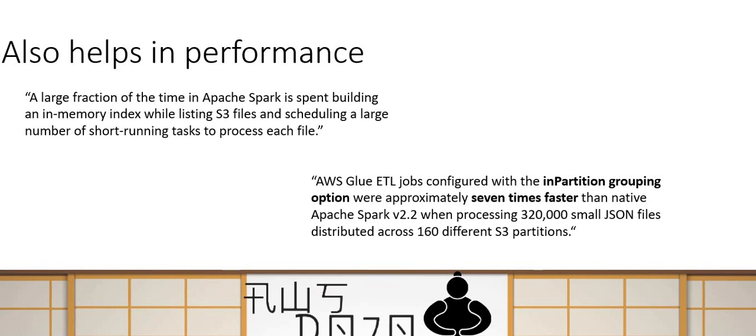And what they realized is that when they use this in partition grouping option, like the two configurations I showed you earlier, in partition and group size, then it was processing 7 times faster.